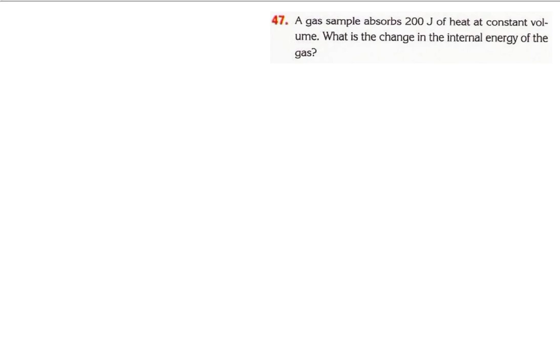Question 47. A gas sample absorbs 200 joules of heat at constant volume. What is the change in the internal energy of the gas? So here we apply the first law of thermodynamics, which is Q is equal to delta U plus work done by the system. And let's put the numbers.